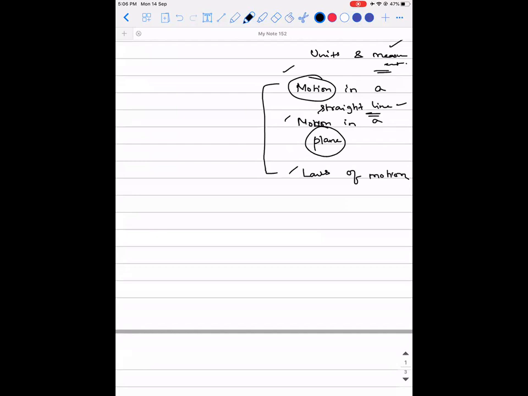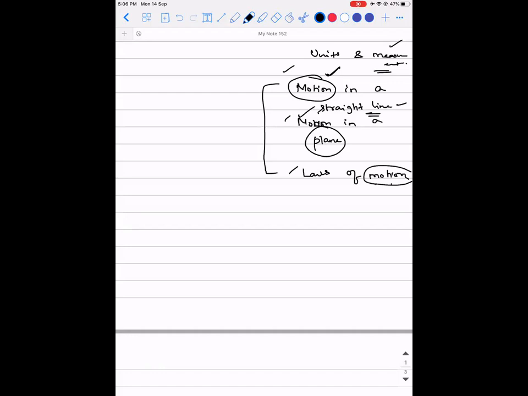The name itself is suggesting, no? What is common in both, all the three? Why is no one speaking? What is common? Motion, and here also we are concerned about motion, right?